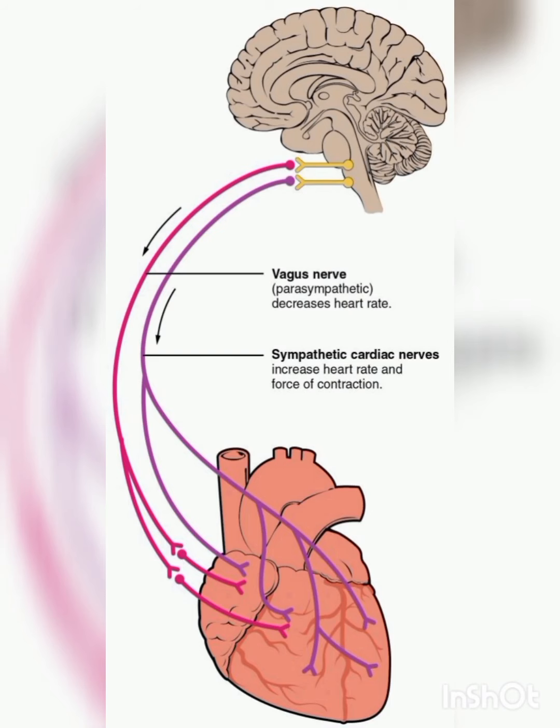Activation of sympathetic nerves to the heart increases heart rate, positive chronotropy, contractility, positive inotropy, rate of relaxation, and conduction velocity, positive dromotropy. Parasympathetic effects are opposite.